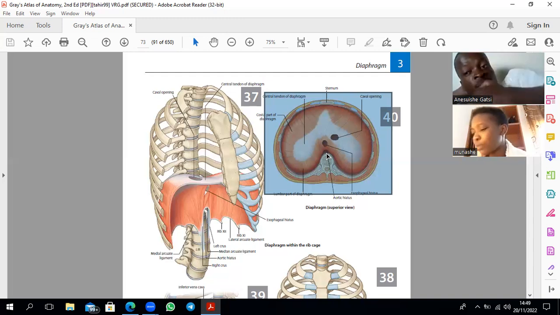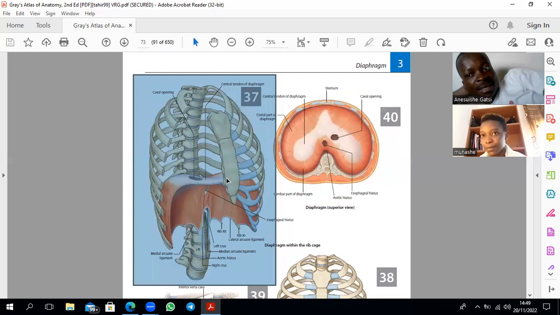Sorry, remember, which level of the vertebra is the diaphragm? It depends on where you're asking from. Its lower part, or its posterior part, goes all the way down to L3.